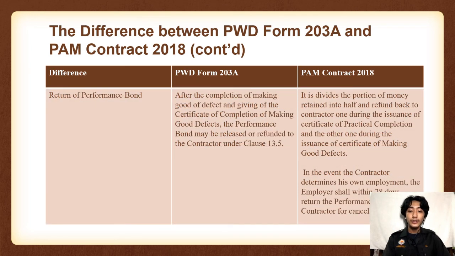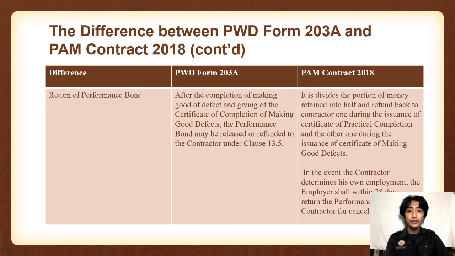And lastly, return of performance bond. For PWD Form 203A, after the completion of making good of defects and the giving of the certificate of completion of making good defects, the performance bond may be released or refunded to the contractor under clause 13.5.